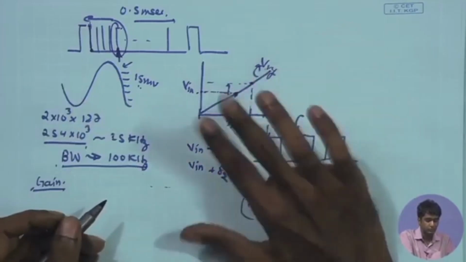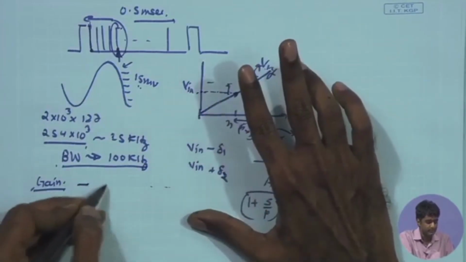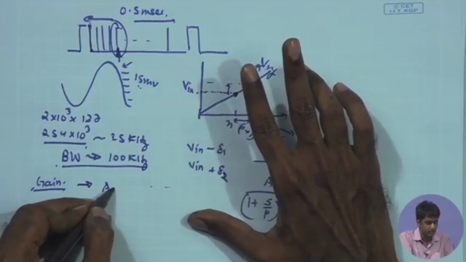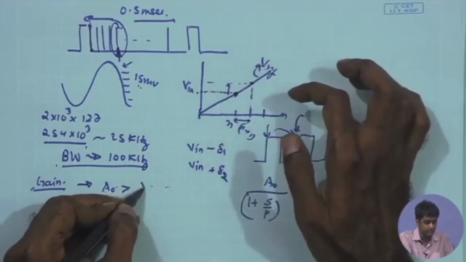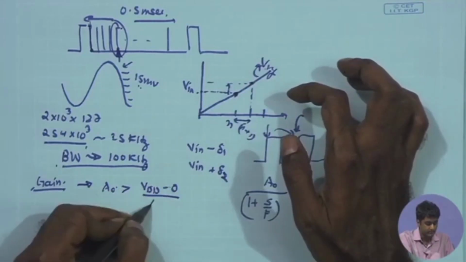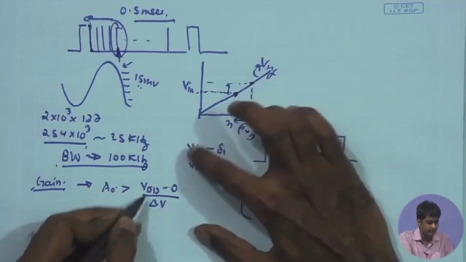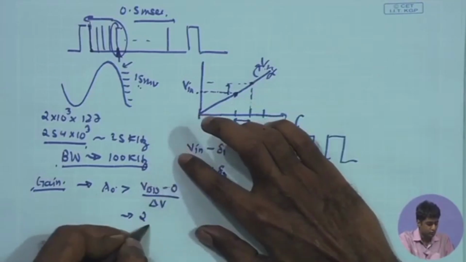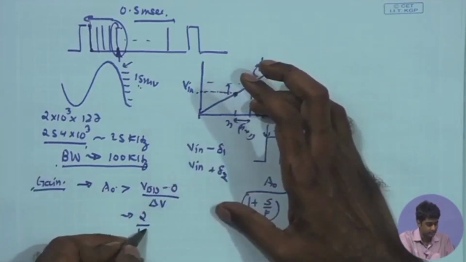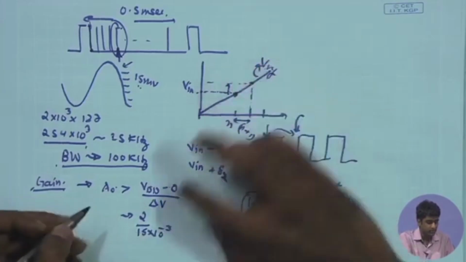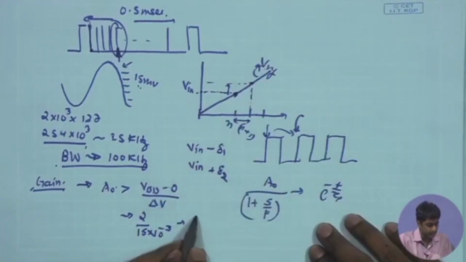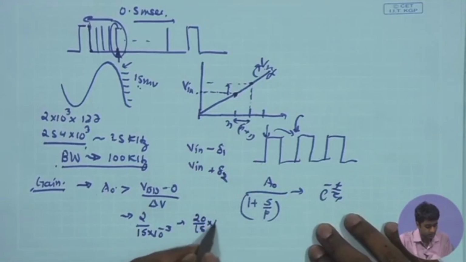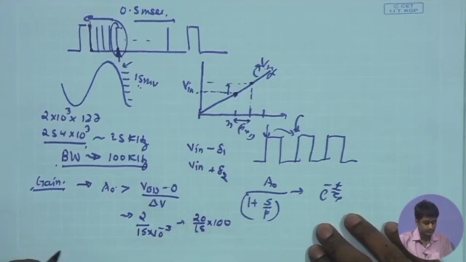So this is the output swing corresponding to delta V. To some approximation I can say that the open loop gain of the comparator A0 should be greater than this full swing, which is 0 to VDD, divided by delta V. In this case, if VDD is say 2 volt and delta V is 15 millivolt, we can see the required gain as 2 over 15 millivolt, so basically 4 by 3 times 100.